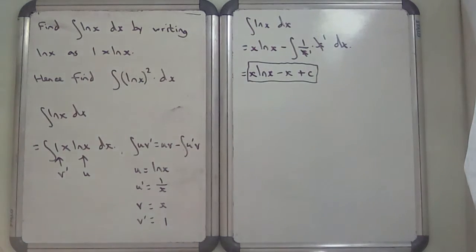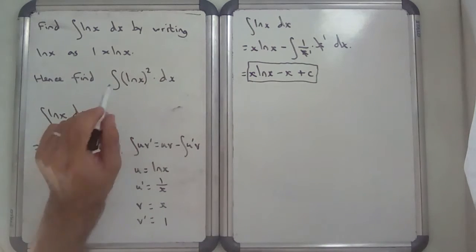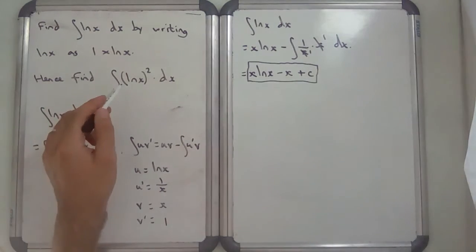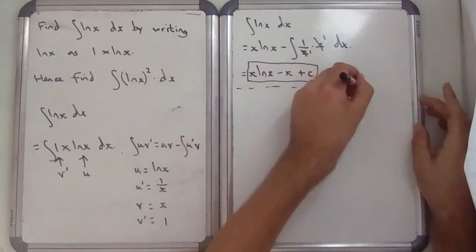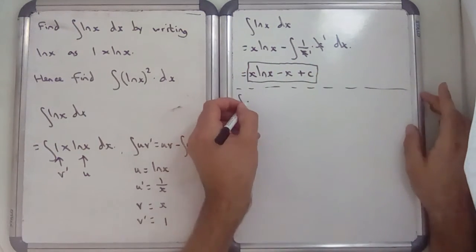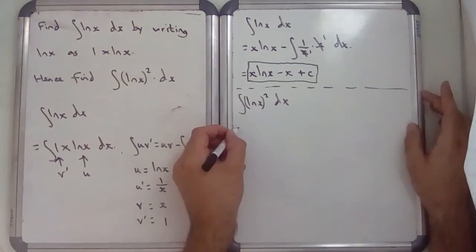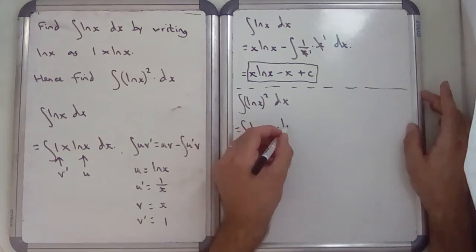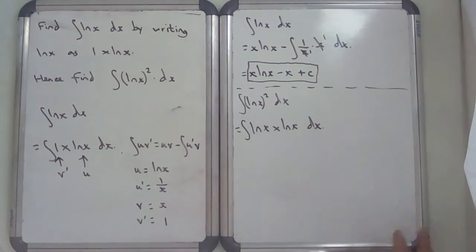So now, hence, find the integral of ln x squared dx. We've kind of been given a hint. What we're going to do is rewrite this one as ln x times ln x. The integral of ln x squared with respect to x, we're going to say, well, that's the integral of ln x times ln x with respect to x, and we've got a product, so we're going to do it by parts.